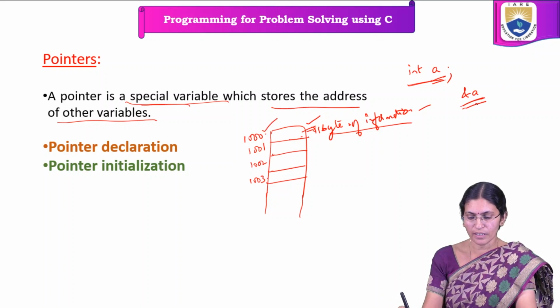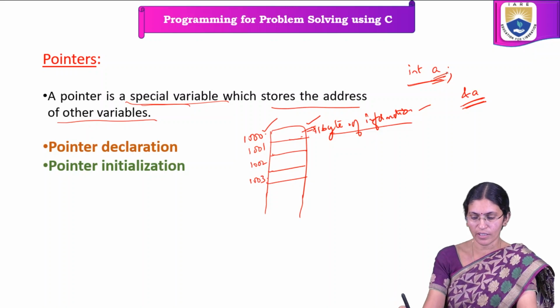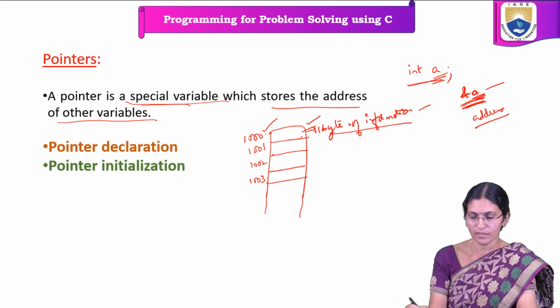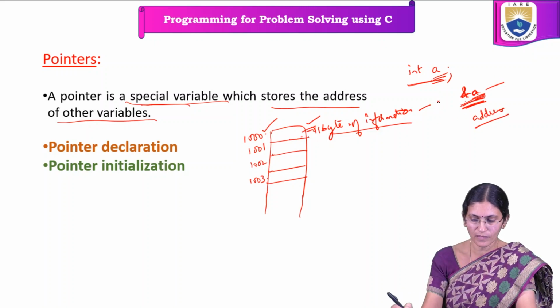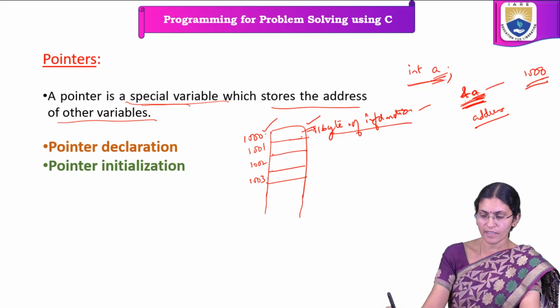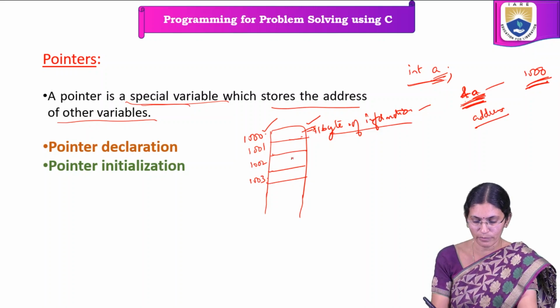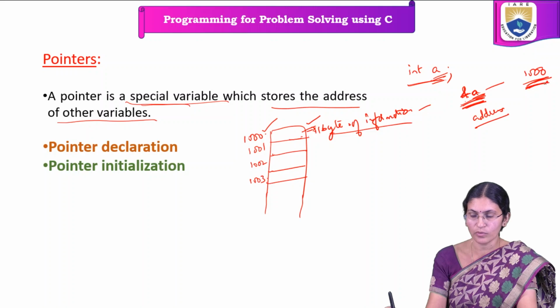We have seen how to print the address of a variable by using the address of operator: the operator followed by the variable name gives the address of variable a. It will print 1000, which is nothing but the base address. This integer variable occupies 4 bytes of memory, and 1000 is the base address at which the value of a is stored.